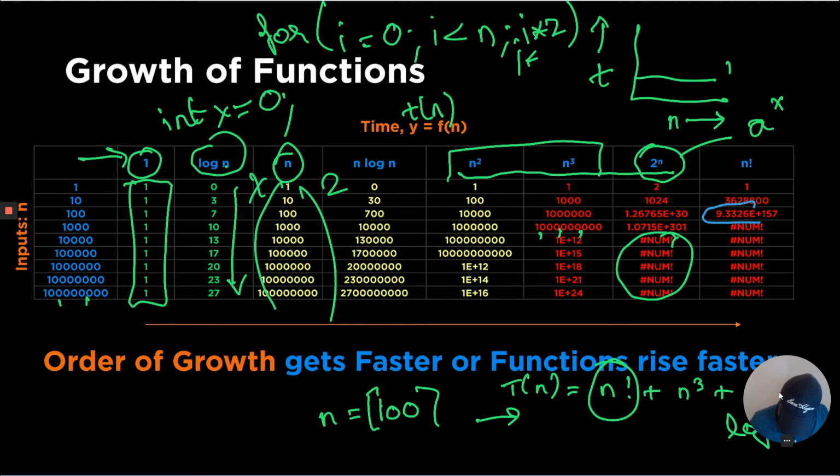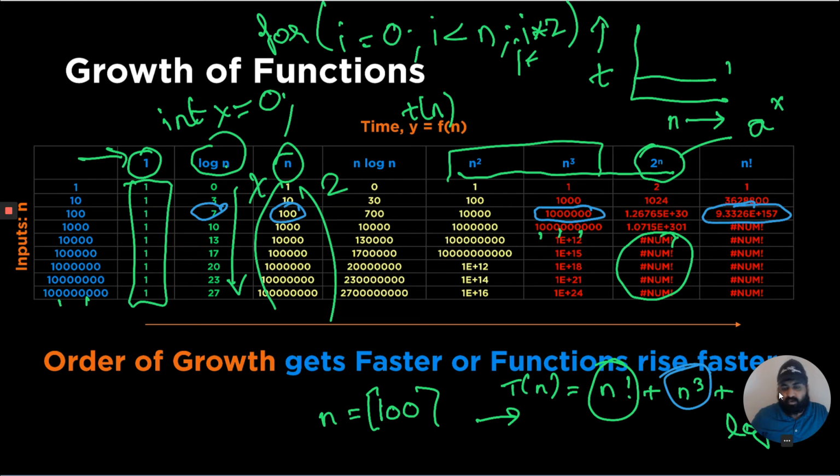If I sum this value with a million, and then sum this with n, which is in this case 100, and then finally sum this with log n, we'll see that the time of the function is totally dependent on the larger function, which is n factorial, because it's growing much faster than another function which is either linear or polynomial.